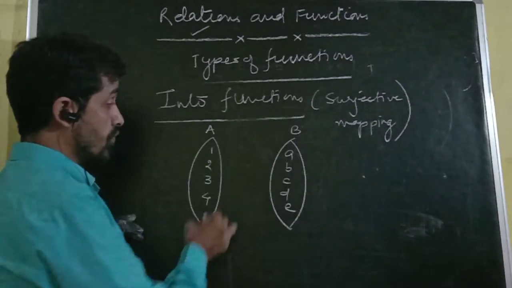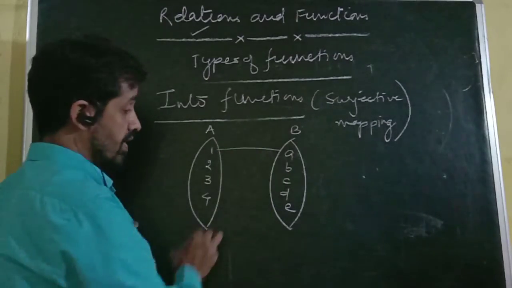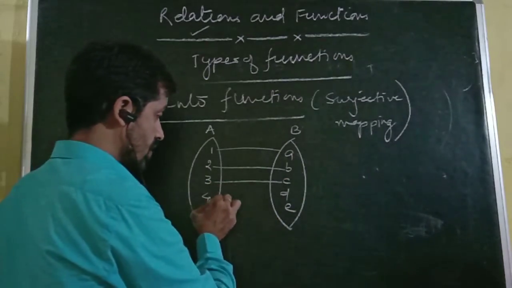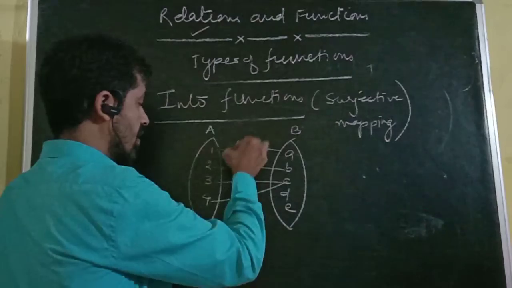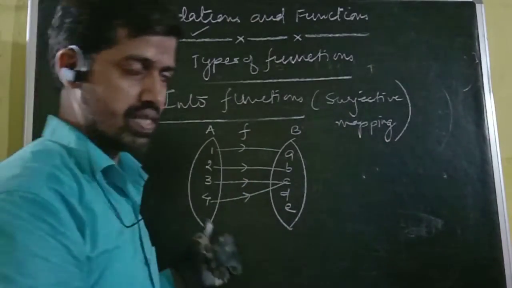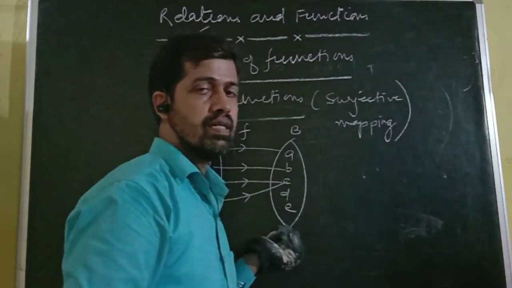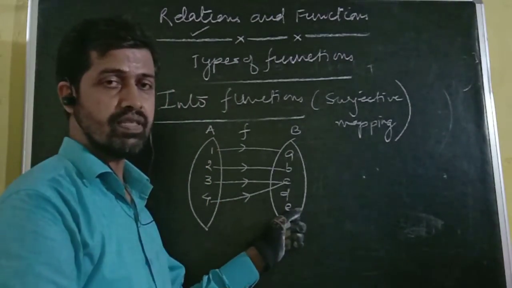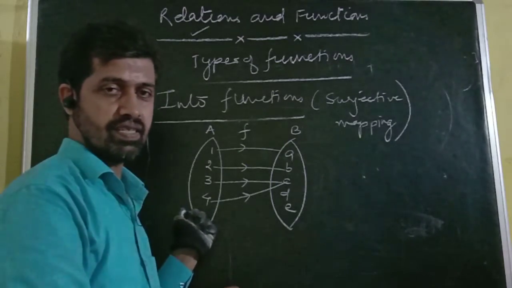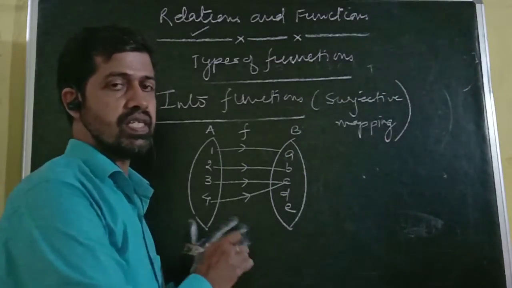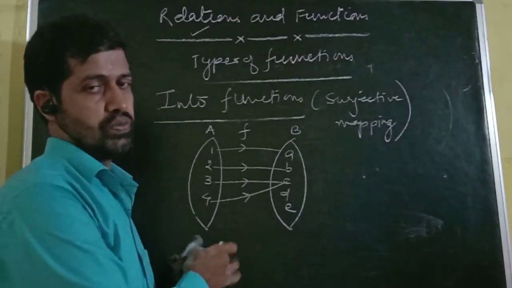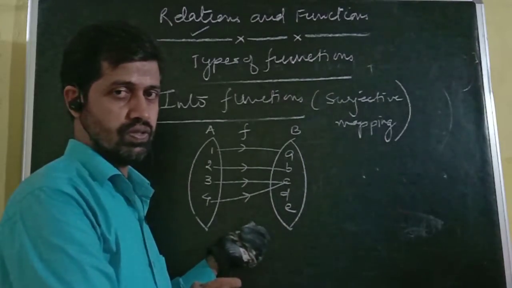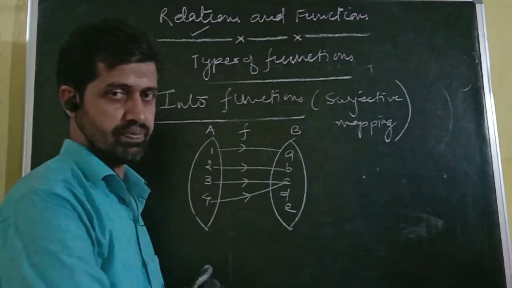See, into function: 1 is related to A, 2 is related to B, 3 is related to C, 4 is also related to C, by some relation, by some function. Now here what is happening is that two elements are left which are not having their pre-images. So we say that this function is not onto, rather it is an into function.